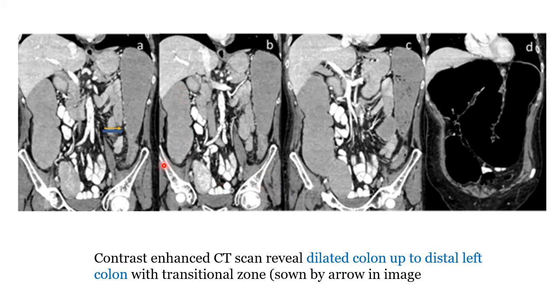So in this case you can see the arrow here. This is the site of obstruction, most probably due to a constricting lesion there, which may be a tumor. So CT scan has now become, in many centers, the most important diagnostic imaging for obstructed bowel.